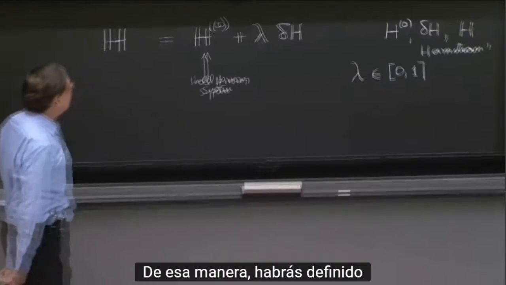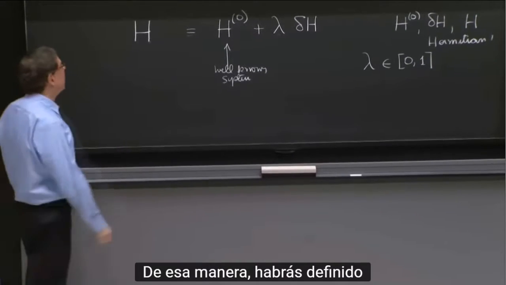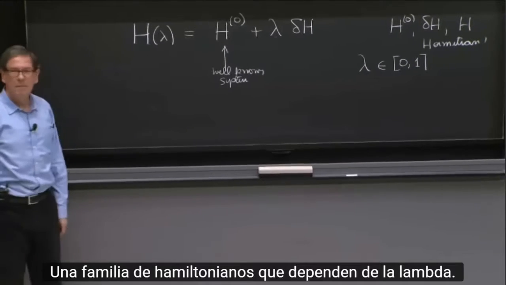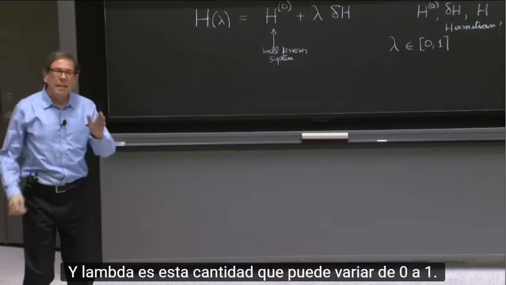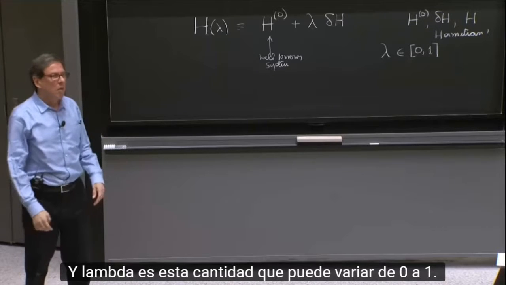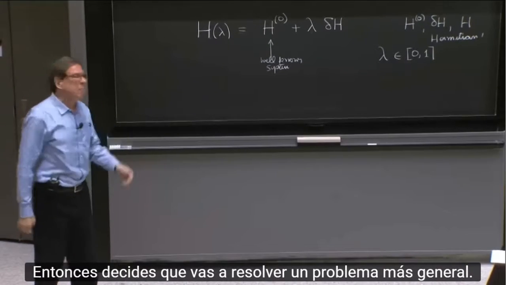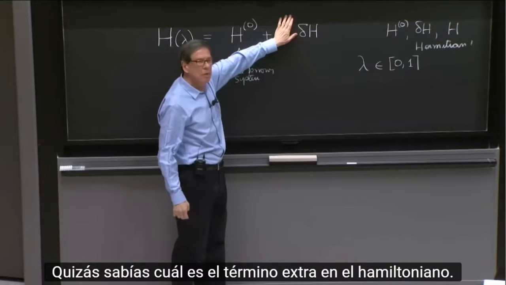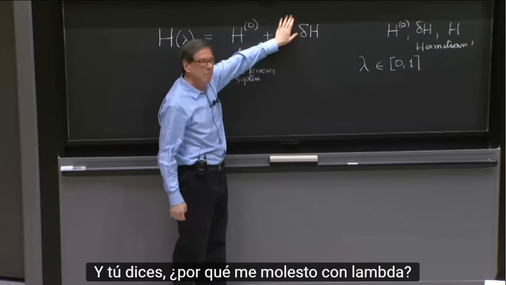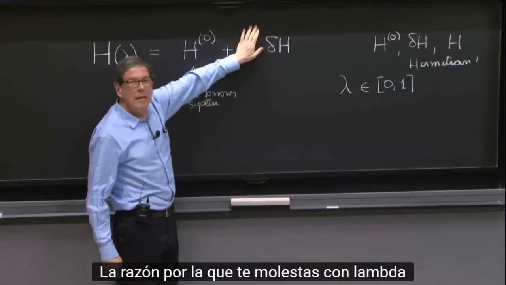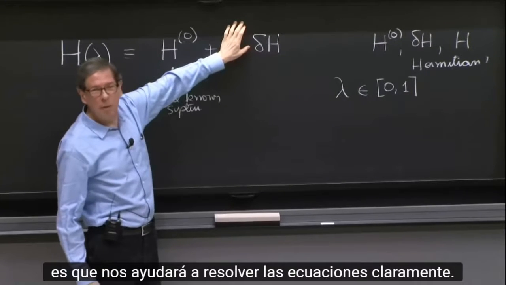In that way, you will have defined a family of Hamiltonians that depend on lambda. And lambda is this quantity that you can vary from 0 to 1. So you decide you're going to solve a more general problem. Perhaps you knew what the extra term in the Hamiltonian is, and you say, why do I bother with lambda? The reason you bother with lambda is that it's going to help us solve the equations, clearly.